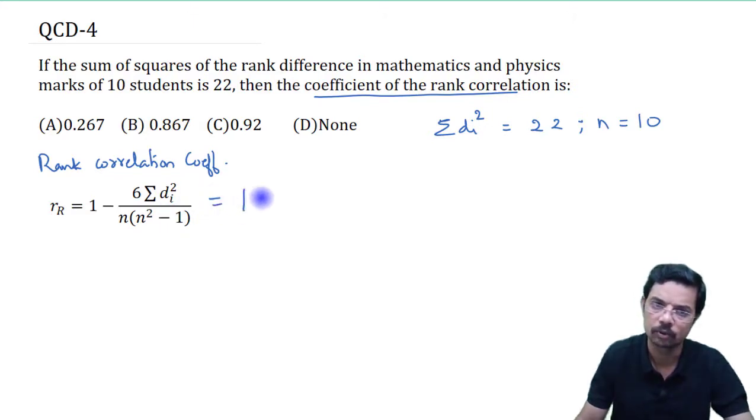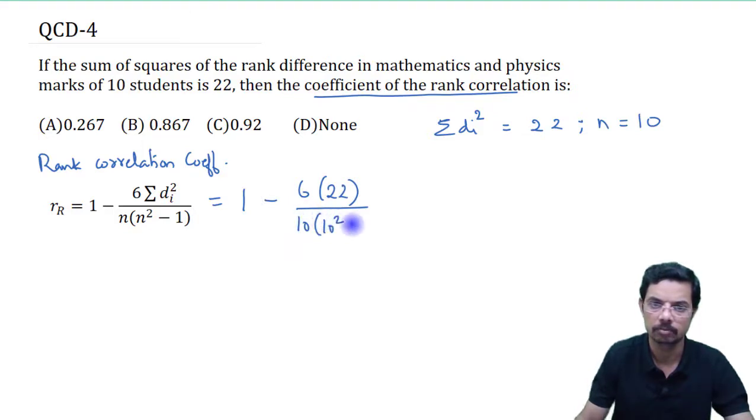We just need to put the values. 1 minus 6 into sigma di square, which is 22, divided by n, and n is equal to 10, so 10 into 10 square minus 1. Again we can simplify: 6 into 22 divided by 10 into 99.